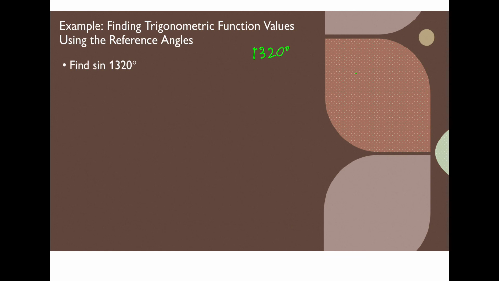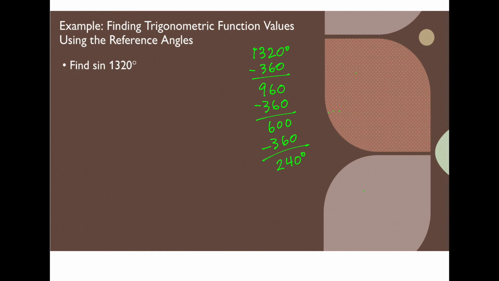We have 1320, subtract 360. That gives me 960, still too large. Let's subtract 360 again. That gives me 600, still too large, minus 360 again. That gives me 240.